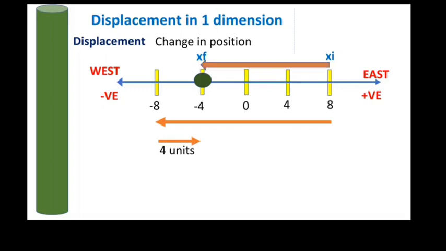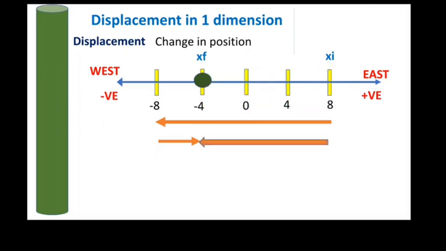So for example, the first displacement we can look at is the -16. In other words, the object moved from 8 to -8. So it went in the negative direction. The displacement there was -16. Then the object changed direction and went into the positive direction. In the positive direction, the object moved 4 units.